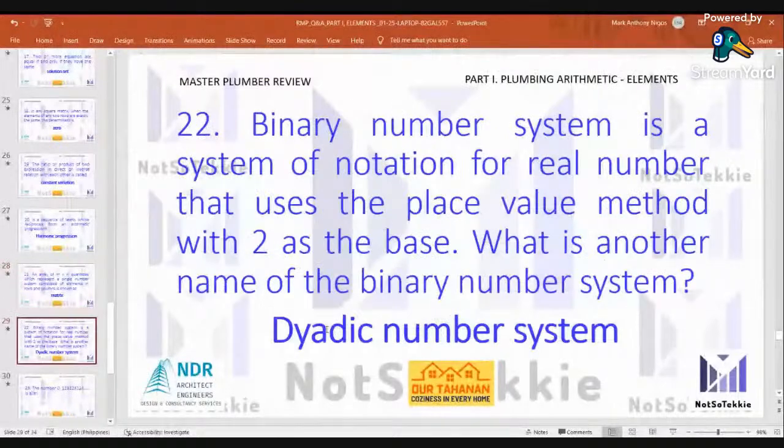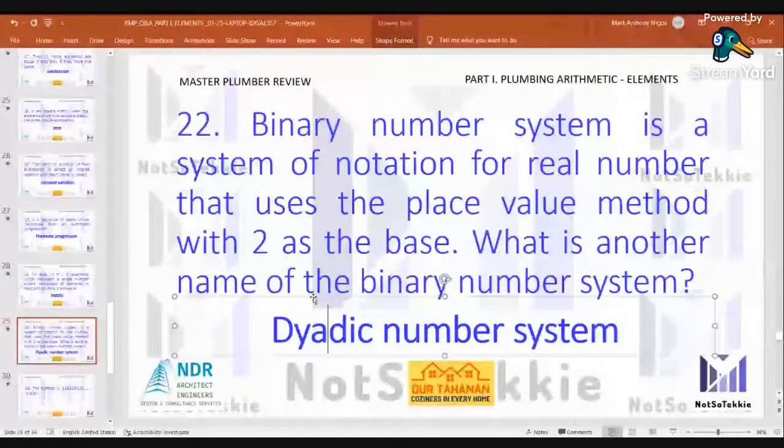22. Binary number system is a system of notation for real numbers that uses the place value method with 2 as the base. What is another name of the binary number system? The answer is Dyadic number system.